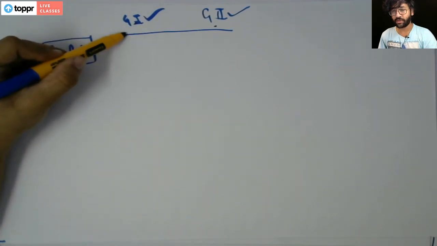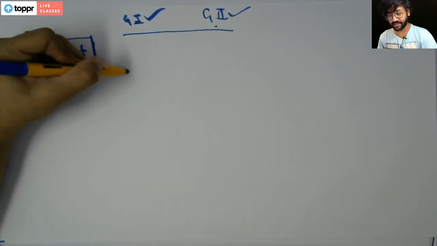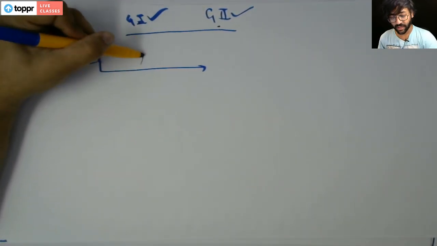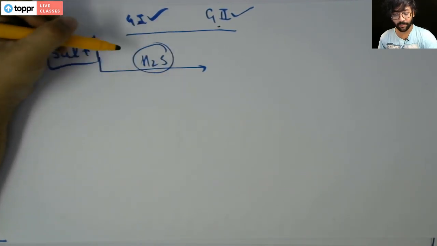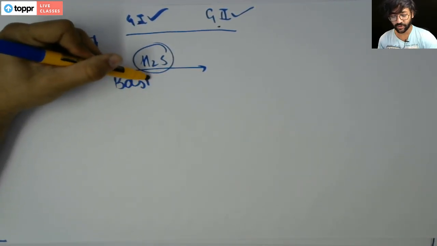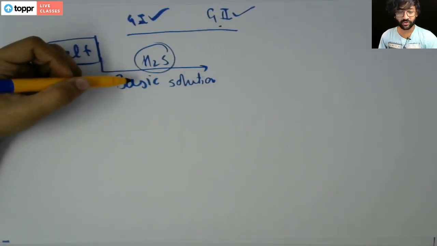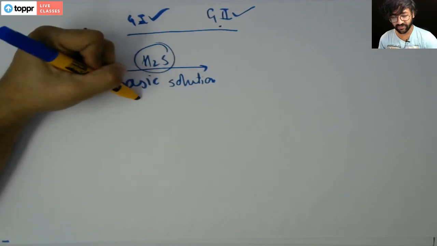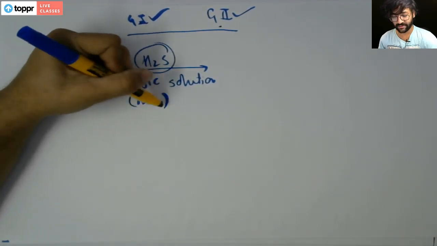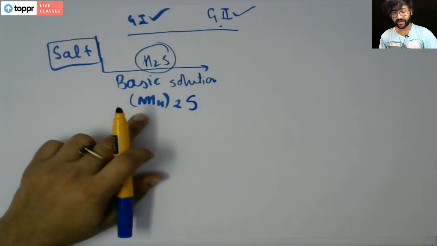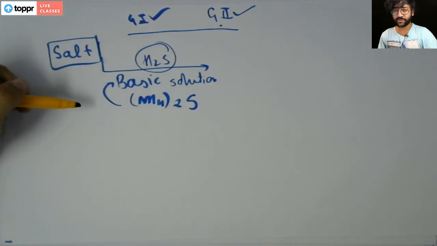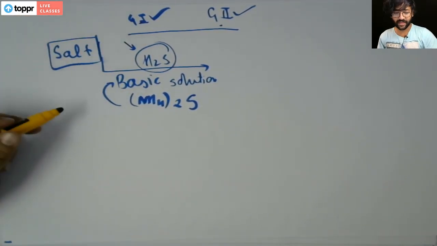If these both don't give a positive test, then we put hydrogen sulfide into the sample, but this time in a basic solution. So we don't add hydrochloric acid here. Instead we add ammonium sulfide. This ammonium sulfide makes the basic solution, and then we add the H2S gas.